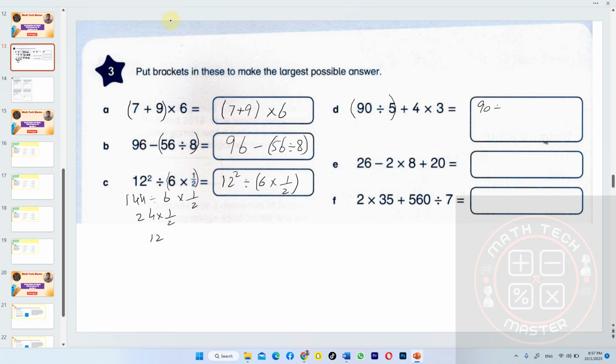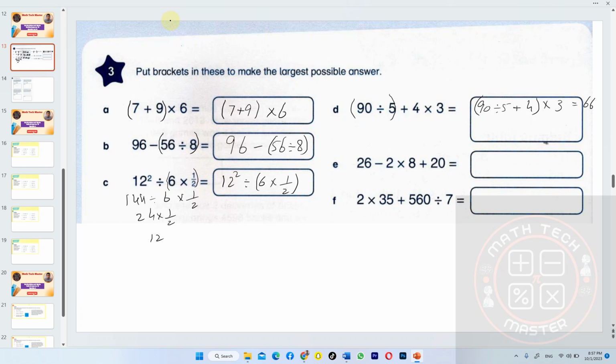So we can say 90 divided by 5, 18, plus 4, 22, and if we multiply the number after solving the bracket, we will get the answer 66. But if we solve the bracket first and use the BIDMAS in the second part, we will get the answer 18 plus 12, that is 30. So it means the first one is the larger answer.